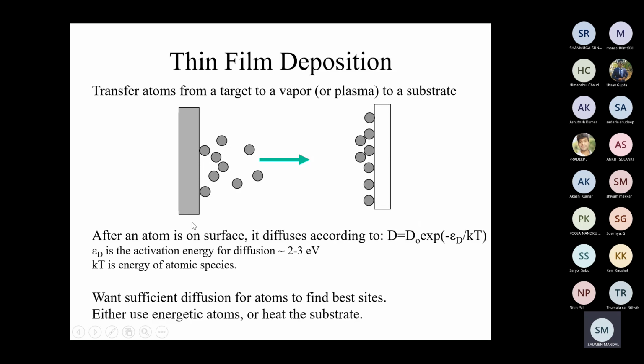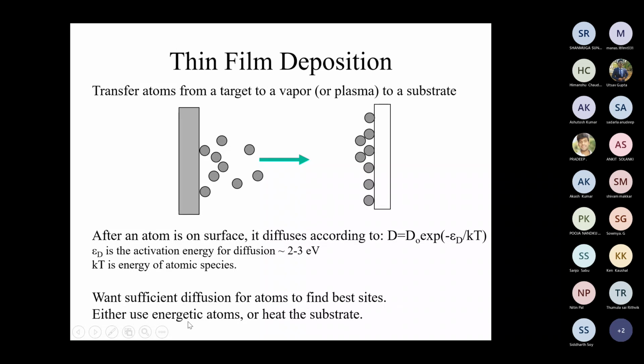Okay. And what is happening after an atom is on the surface, it diffuses according to the diffusion equation that we know. Here epsilon d is the activation energy in this equation, and kT is the energy of the atomic species. So after coming to the substrate the atom will diffuse, and only in this particular pulse laser deposition will the quality of the film be much better than all other techniques. One needs sufficient diffusion for the atom to fit in the best sites.